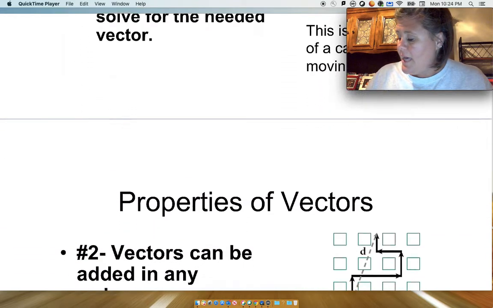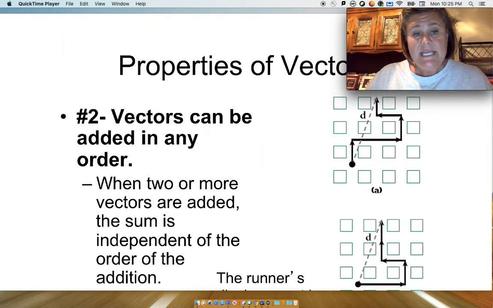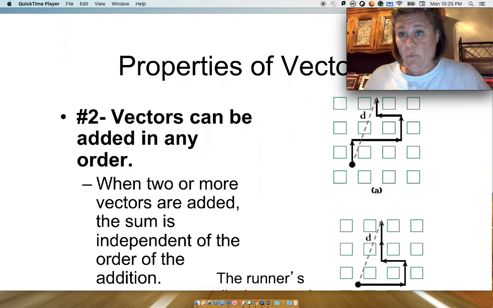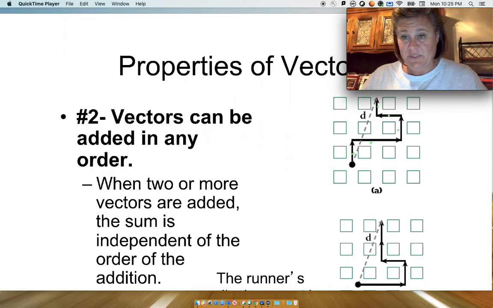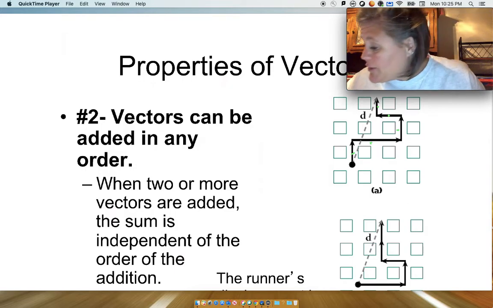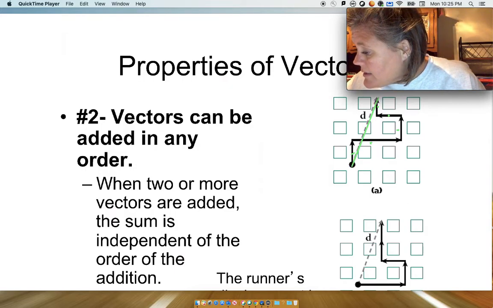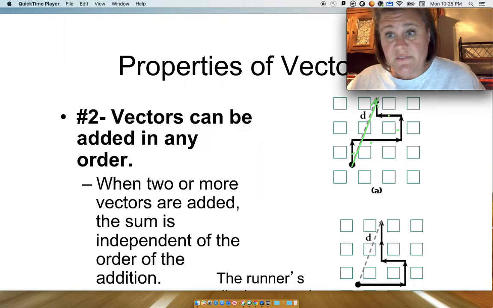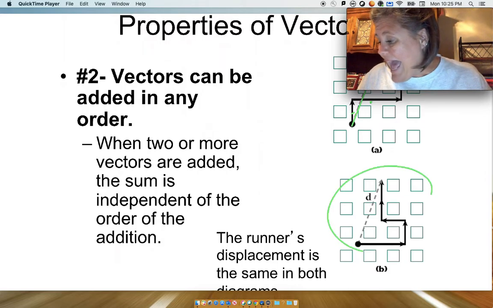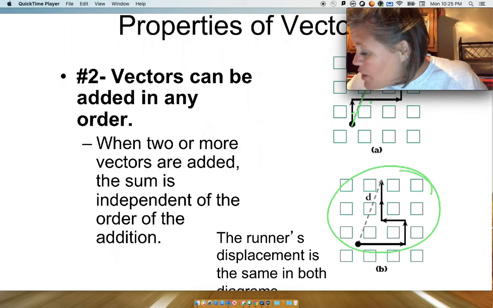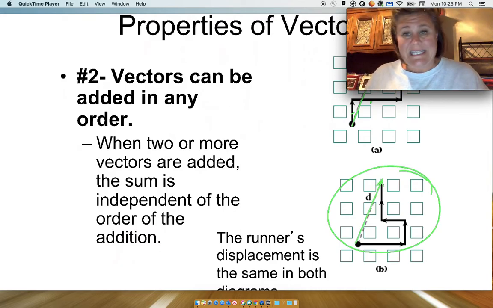Property 2 is vectors can be added in any order. So if you notice here, we have 1, 2, 3, 4, 5 displacement vectors. And here's our resultant displacement from start to finish, a straight line from start to finish. Then they've taken those same 5 vectors and added them in a different order, and notice the resultant vector is exactly the same.